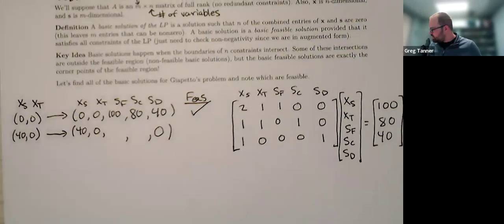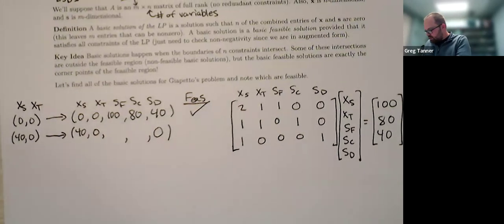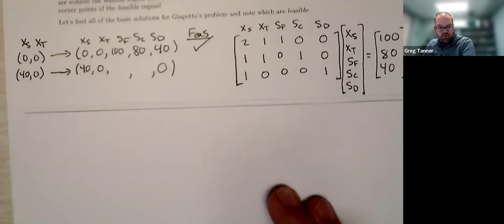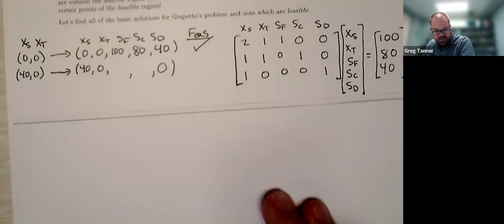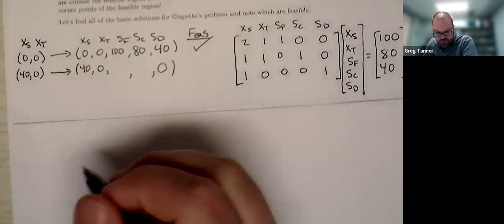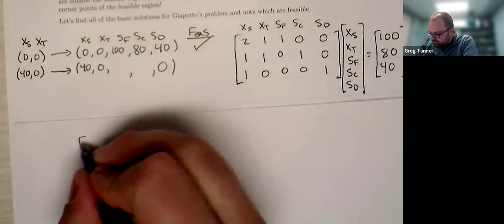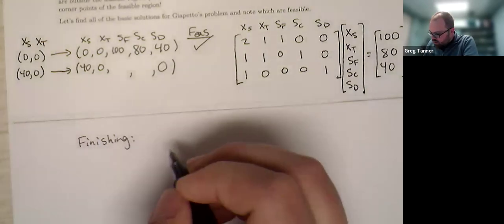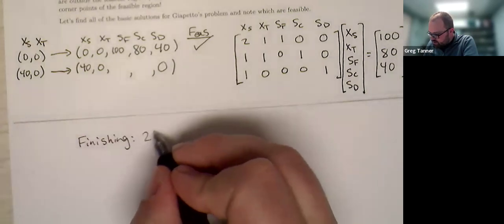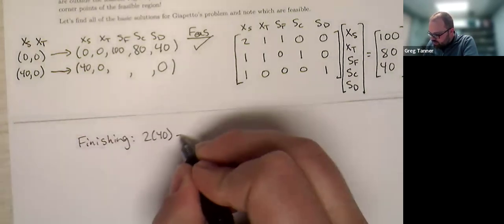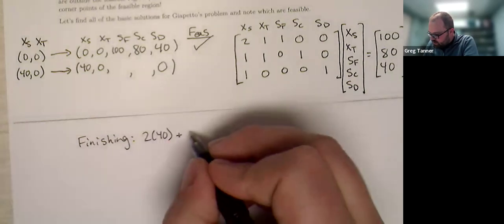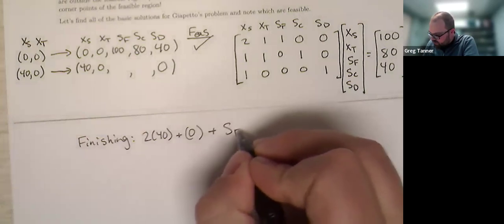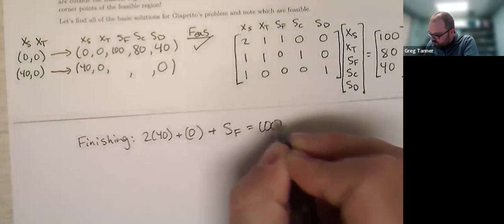But you could solve for it just knowing that these two are now 0. So let me pull up an extra piece of scratch paper to do this one on. And so I'll look at each of those constraints. The first constraint, for finishing, I'll have 2 times XS, 2 times 40, plus 0, which is XT, plus my slack for finishing equals 100.